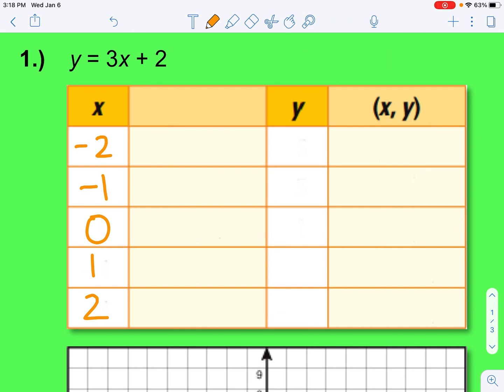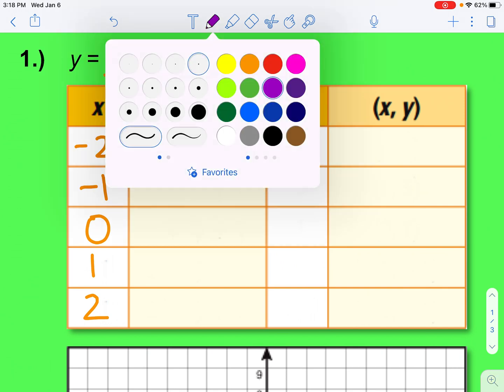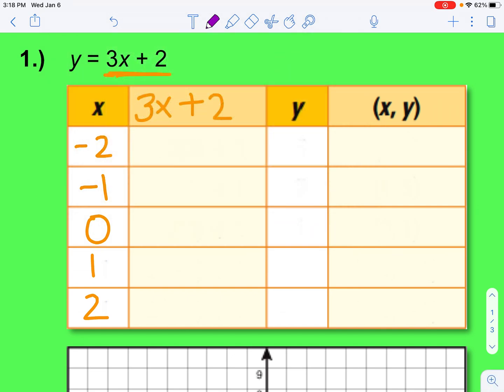Again, I picked simple numbers. Then in this box next to the x, we are going to be doing 3x plus 2. That's our function rule, so we're just going to write that again in our box. Now is where we're plugging in our numbers to figure out what our coordinate is.